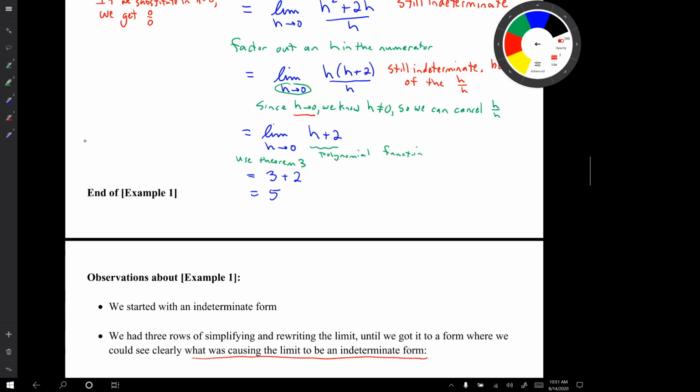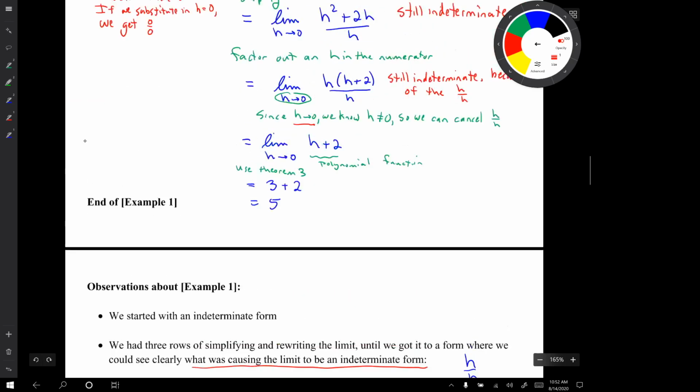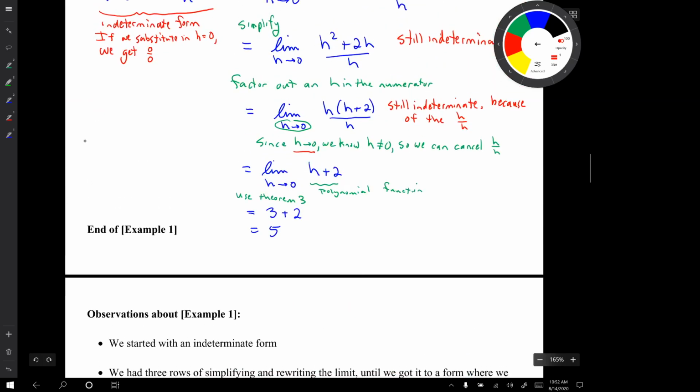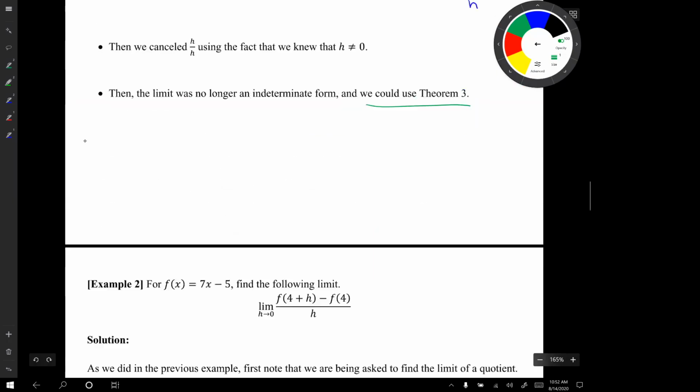What was causing it was the h over h. Then we cancel the h over h using the fact that we knew that h is not 0, so we could cancel it. After we cancel the h over h, the form is no longer indeterminate. And so that's why we were able to use theorem 3.